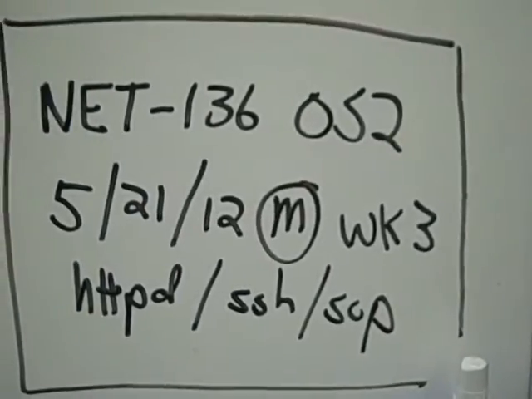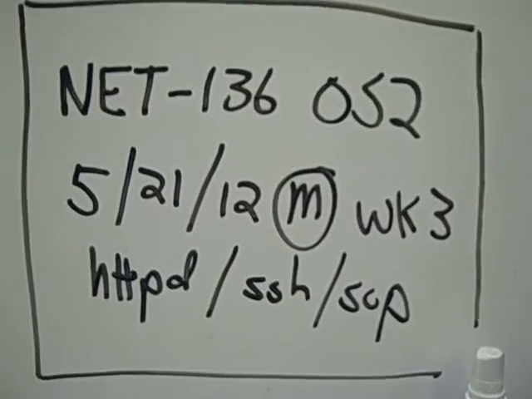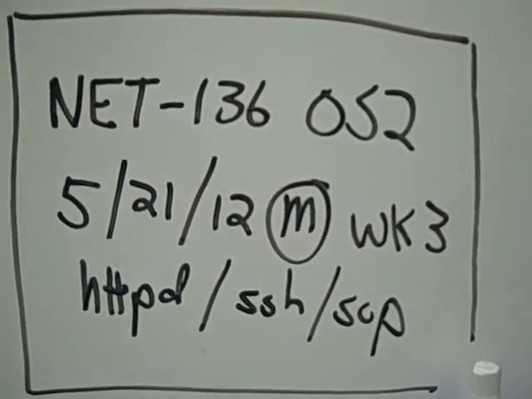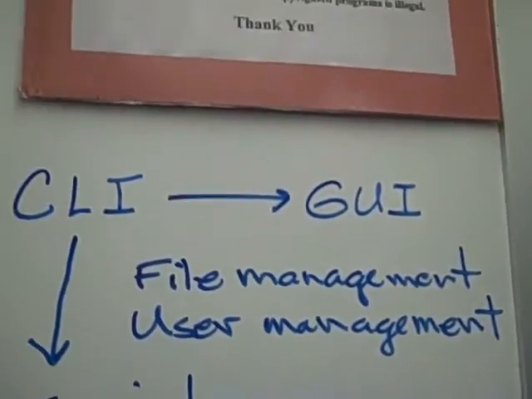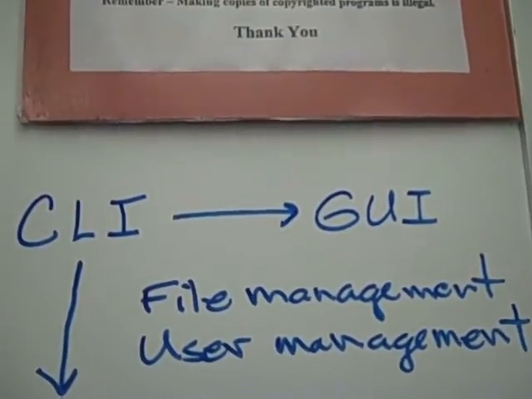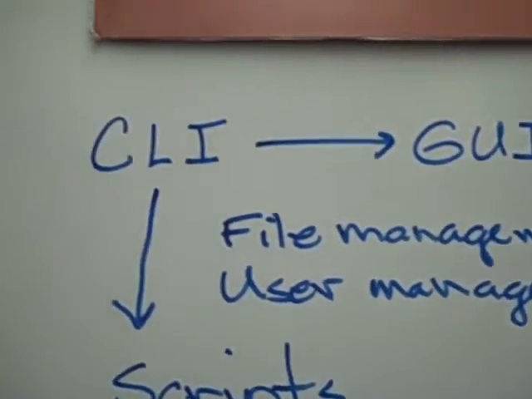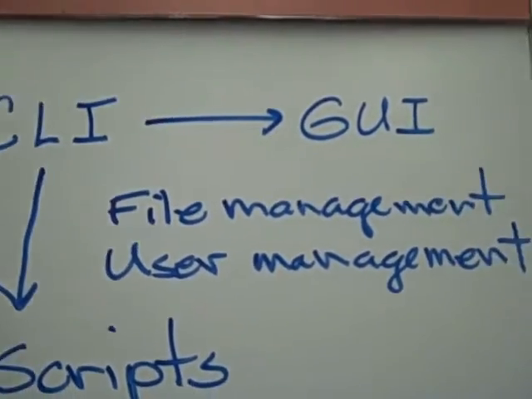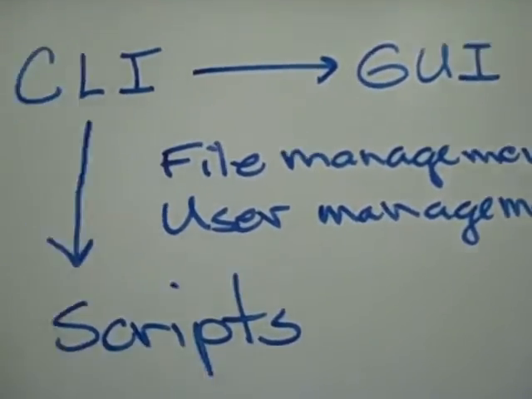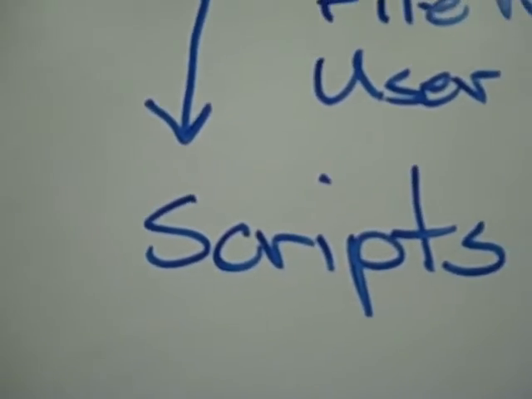So that's it. Alright, this is Monday, week 3 of 4 weeks of summer class. And so we highlighted where we're going. We're going to go over the test tomorrow. This is an OS2. We talked about command line and being able to use the GUI. Students should be able to do the command line stuff in the GUI, not all of it primarily, and then our goal is to be able to write some scripts.